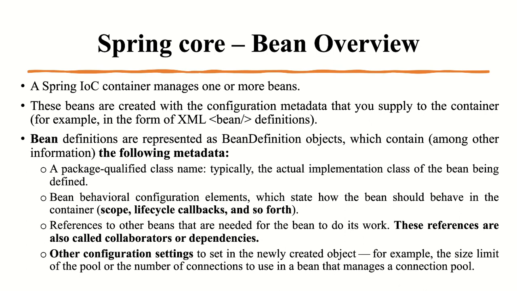The bean definition, represented as a bean definition object, contains among other information the following metadata. One is the package qualified class name, then bean behavior configuration elements which state how the bean should behave in the container, and references to other beans that are needed for the bean to do its work. These references are also called collaborators or dependencies.